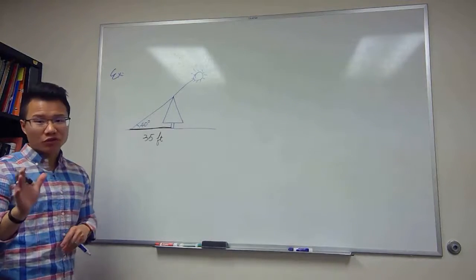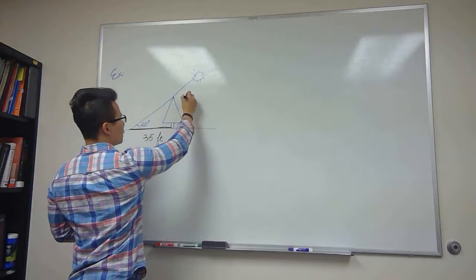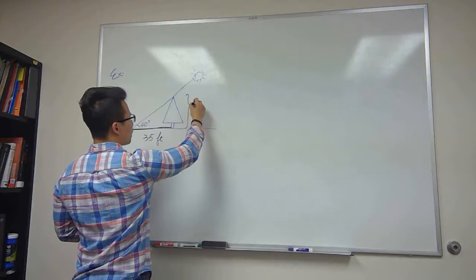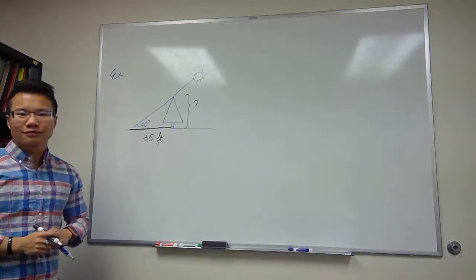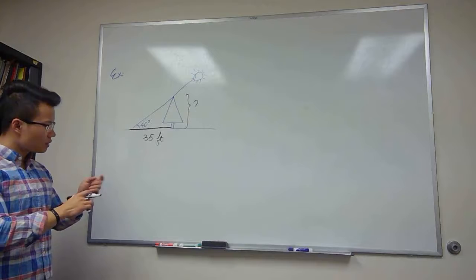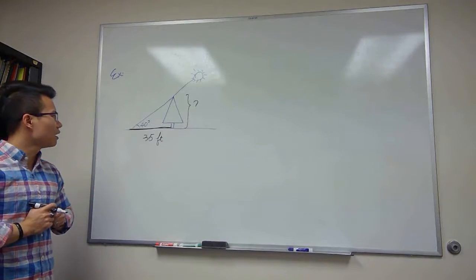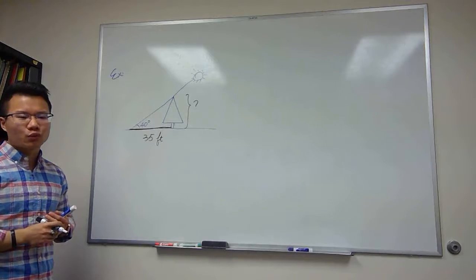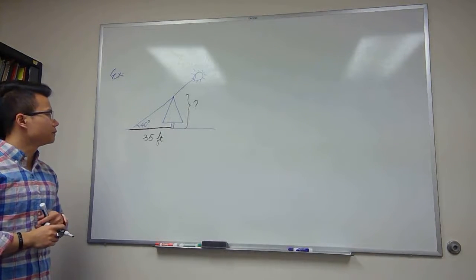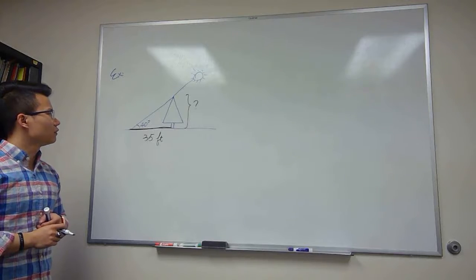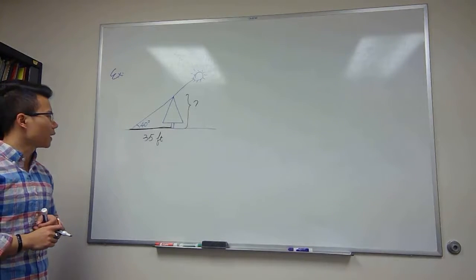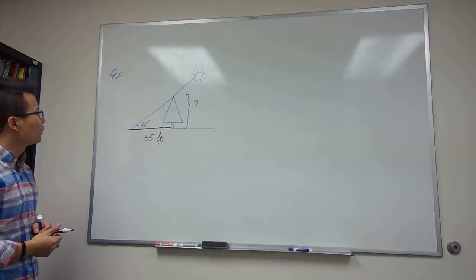So here's my question: how tall is the tree? With all these ideas we are given, how tall is the tree? And we need to round it to the integer, so we don't want any decimals and stuff like that.